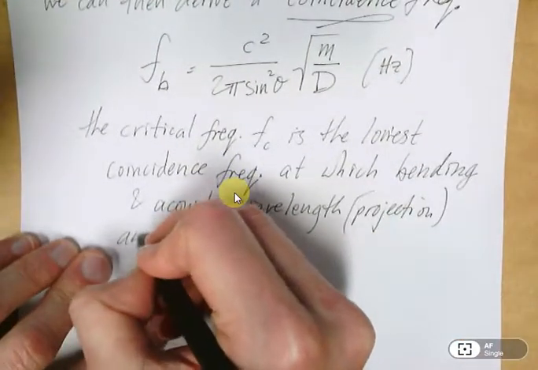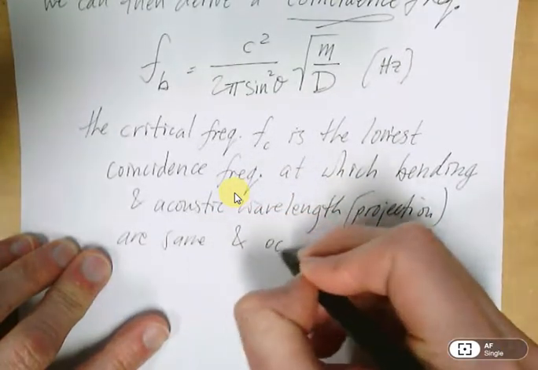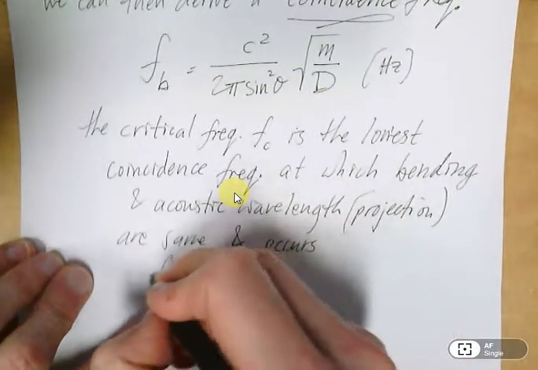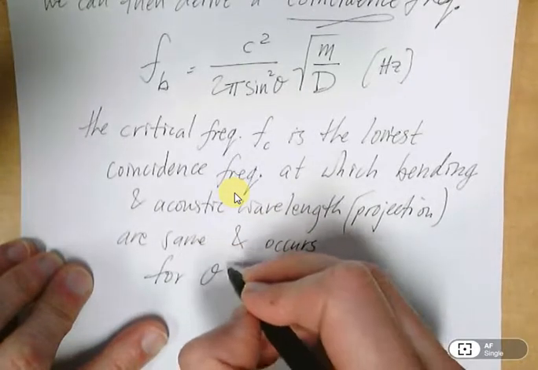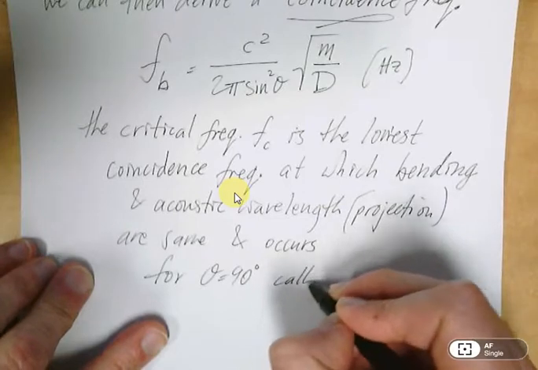And this occurs for the oblique angle being 90 degrees, which is called grazing incidence.